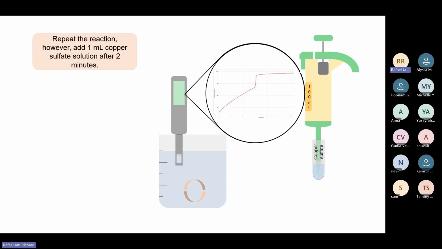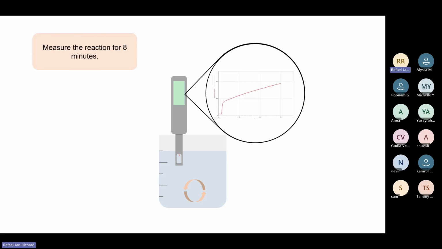Here you see a graph that you'd see if you do this measurement for about 8 minutes.